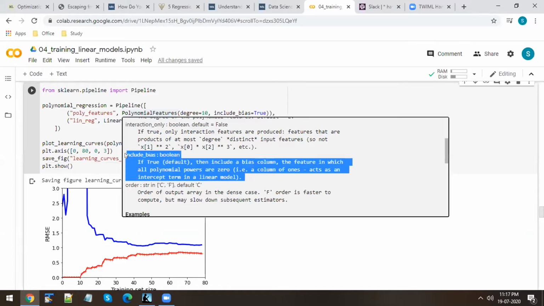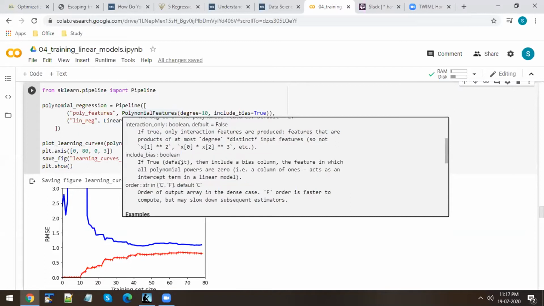So there is no need of a bias term here. So this question is actually of essence. If true, then it includes a bias column, as Salim was saying, the feature in which all polynomial powers are zero. And if it's false, it just gets rid of this bias column, leaving x to the power n only, where n is not zero.